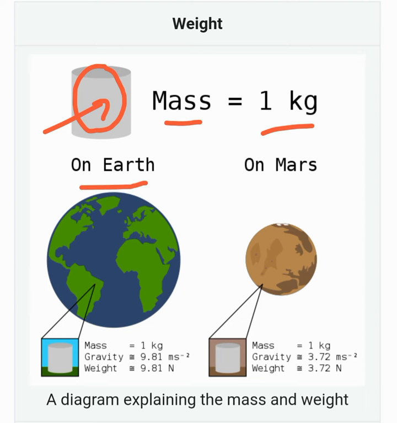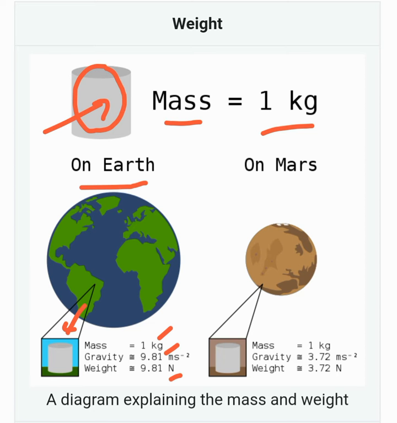So for example, this is an object which has a mass of 1 kg on earth. If you want to calculate the weight of this object, weight would be equal to mass times gravity, or mass times acceleration due to gravity. So mass is 1 kg, gravity is 9.81 meters per second square, and taking the product, it would be 9.81 kg meter per second square, or you can also write it as Newton.